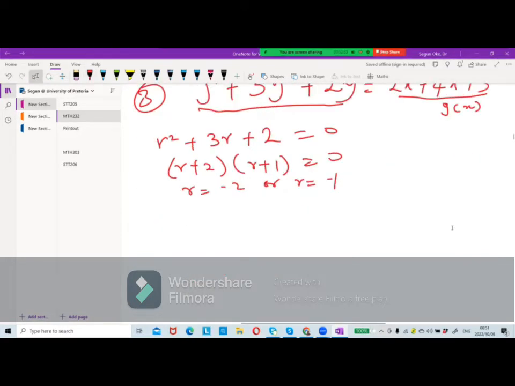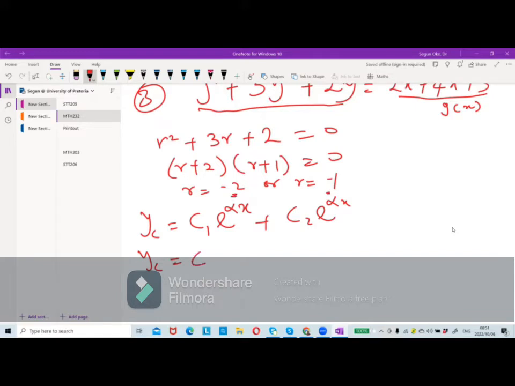And the formula to put it there is yc, which is the same thing as c1 exponential alpha x plus c2 exponential alpha x. What is our alpha? This represents alpha, this also represents alpha, because they are quadratic.